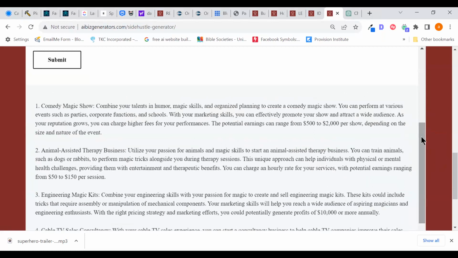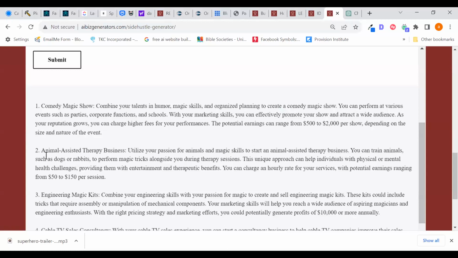So she could, of course, do comedy magic shows, which we see even today. It tells you how you do it, how much money you could possibly make from it. And this is based on actual people who are doing comedy magic shows.